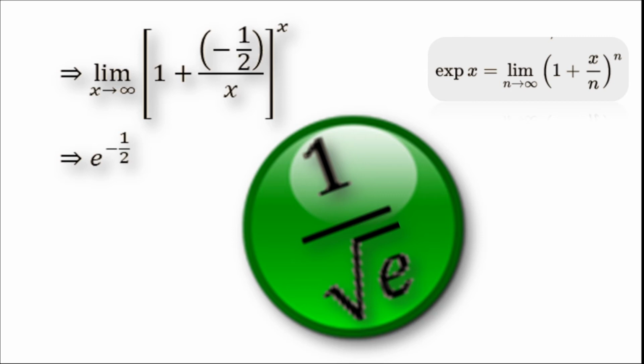So that means in place of x, we have minus 1 by 2 in the limit, and in place of n we have x. So that just becomes e to the power minus 1 by 2. Oh, that's 1 by square root of e. That's a nice result.